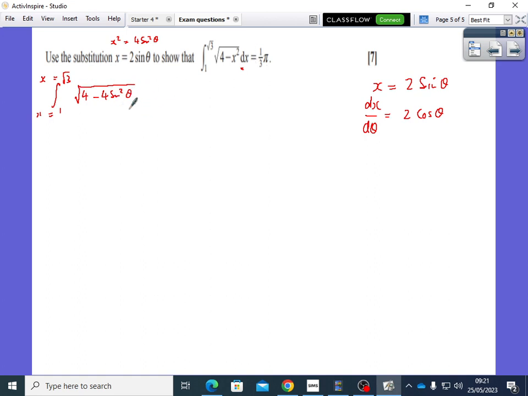And I'm going to do 2 steps in one go, so I'll sub that in there. I'm also going to say that dx, if I multiply that up, is the same as 2 cos theta d theta. So I'm going to change dx for 2 cos theta d theta.